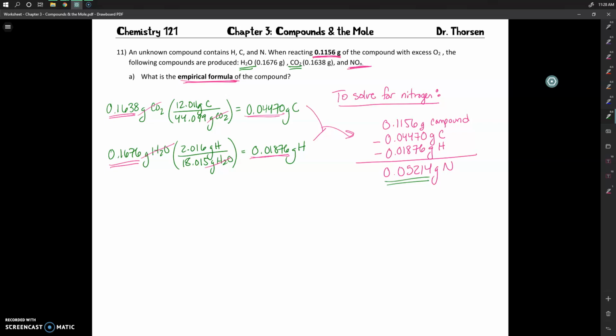And with the way we solve this, we know that they are, because these CO2 and water measurements both came from the 0.1156 grams of compound being combusted. So again, we know this grams of carbon and grams of hydrogen, that's the amounts in the 0.1156 grams of compound. And we use that information to solve for the grams of nitrogen in the same amount of compound. So since all those masses come from the same initial amount of the overall compound, all we need to do is convert those masses into moles.